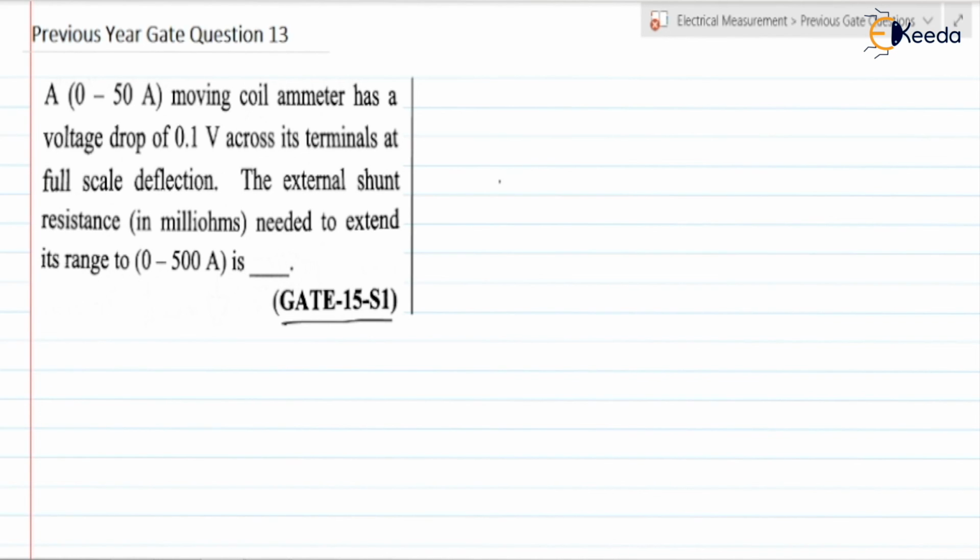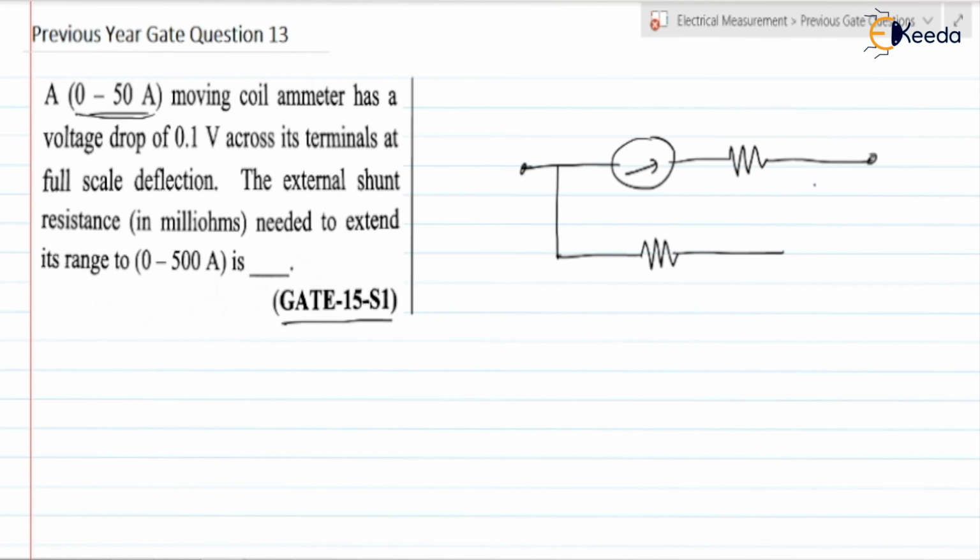Okay, so overall we are having the extension of range of ammeter type scenario. First of all here we are having the basic meter, and suppose Rm is the resistance of the basic meter, and across it we are connecting the shunt resistance. Our task is to find the shunt resistance value.